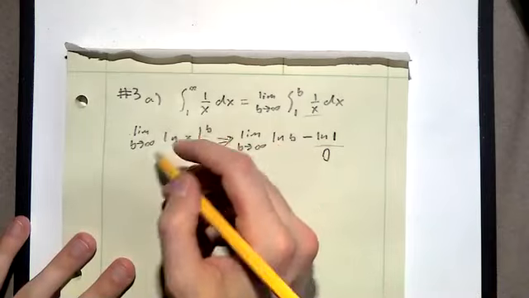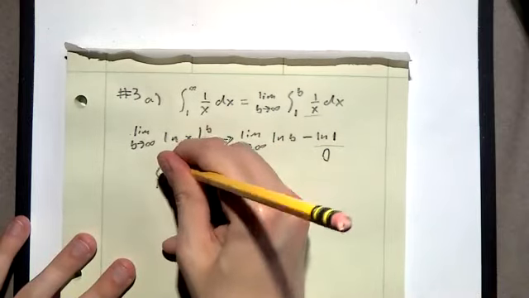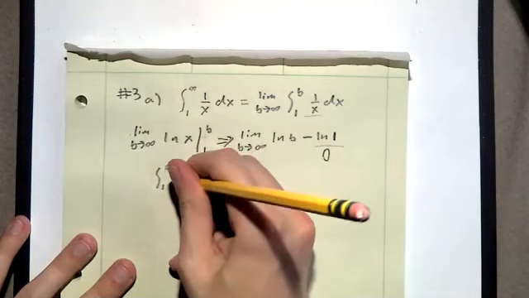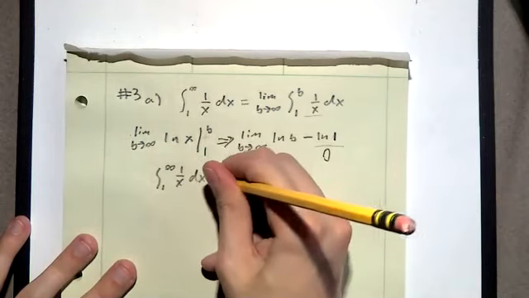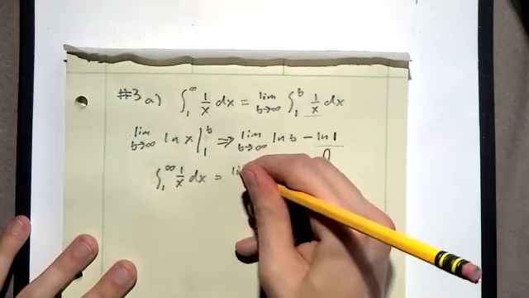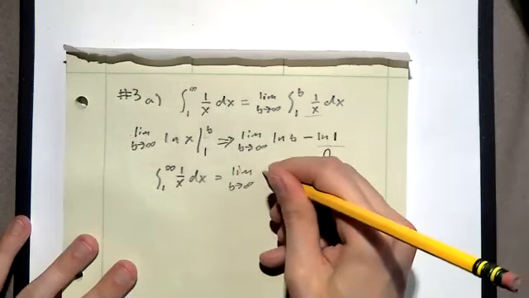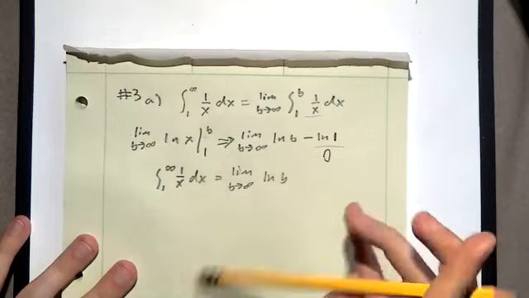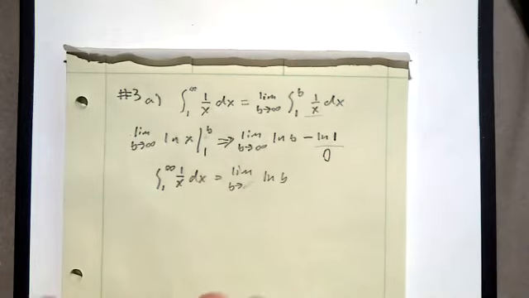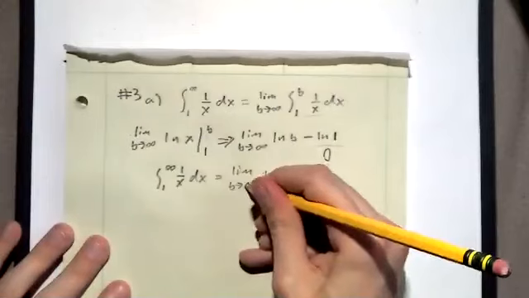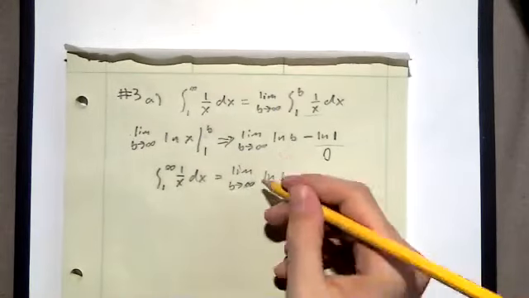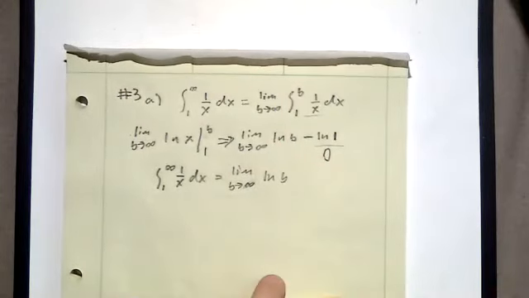So we get 1 to infinity. It's going to equal the limit as b approaches infinity, the natural log of b. I don't know why I wrote a slanted infinity there. And well, what's the limit as natural log of b goes to infinity?